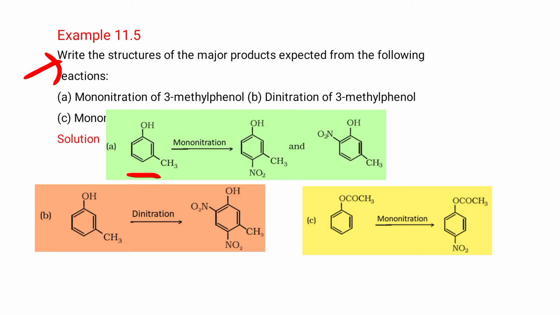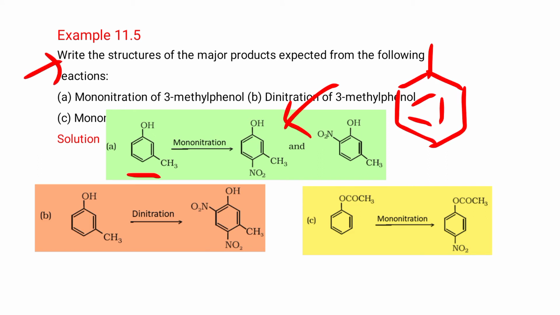If we do nitration, then we will get ortho and para products. So here this is the para product. This is para product.